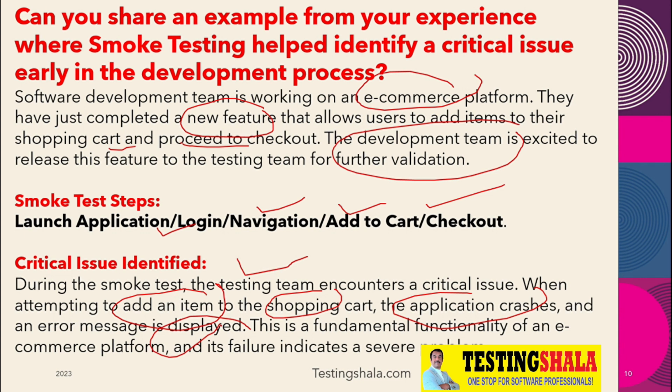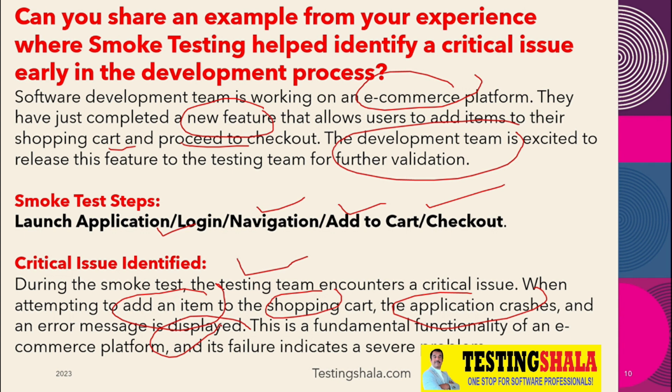It is a severe issue, so the build has to be returned to the development team for fixing these critical issues. That is the key part of smoke testing. That is the experience you can explain by taking some of your own examples where you have worked.